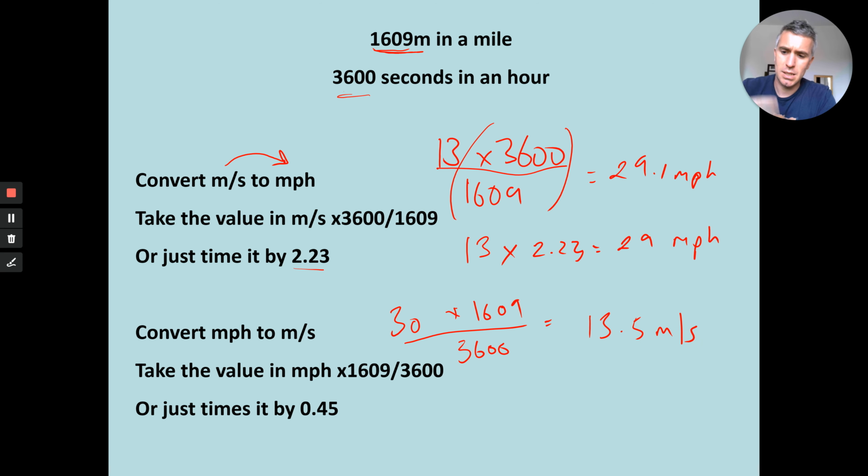And like I said, because you're always doing 1609 divided by 3600, you can just times it by 0.45 and all the answers are there. So it's really simple. Convert meters per second to miles per hour, times it by 2.23. Convert miles per hour to meters per second, times it by 0.45. Definitely worth noting down. Really handy.